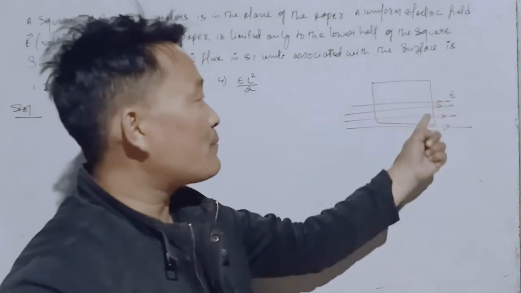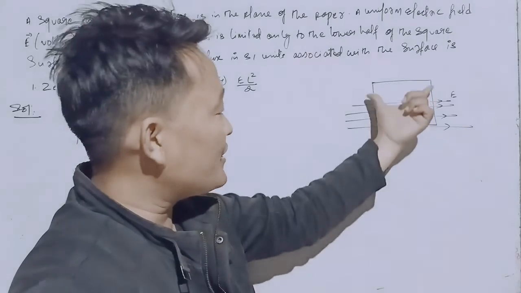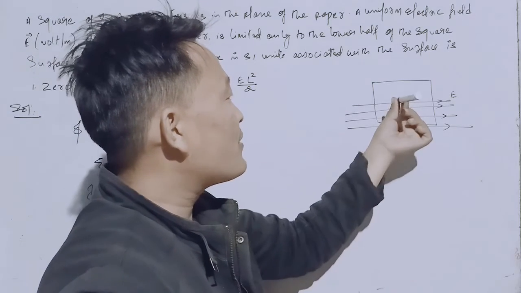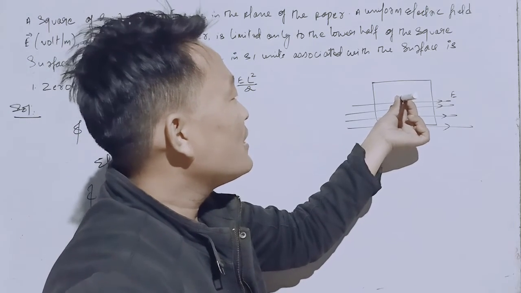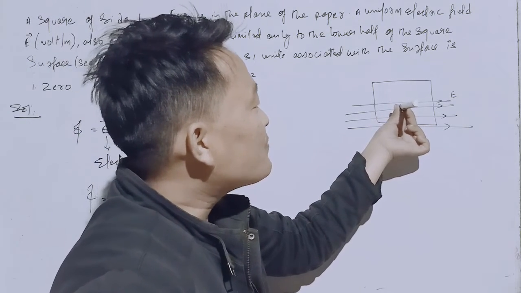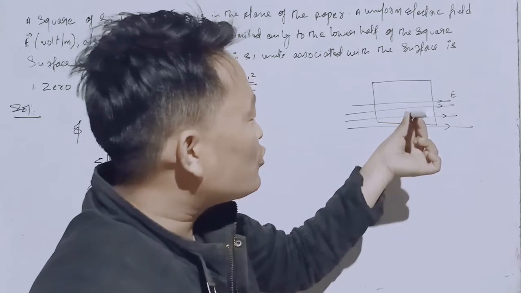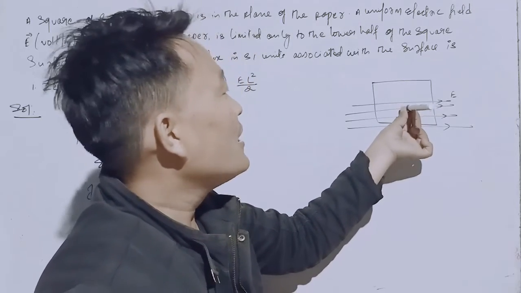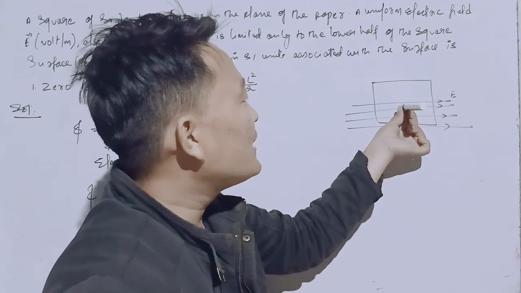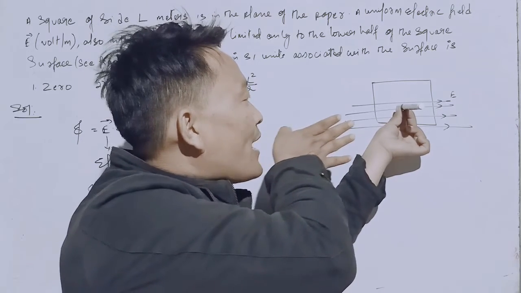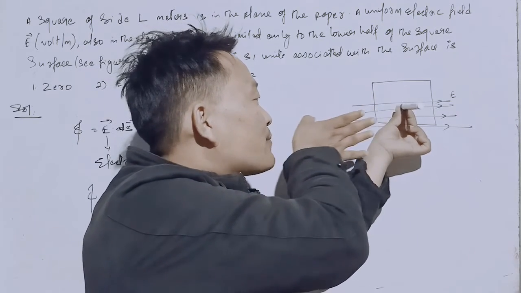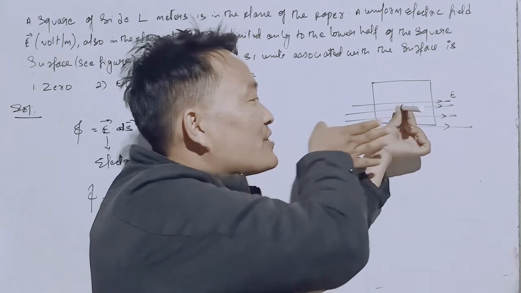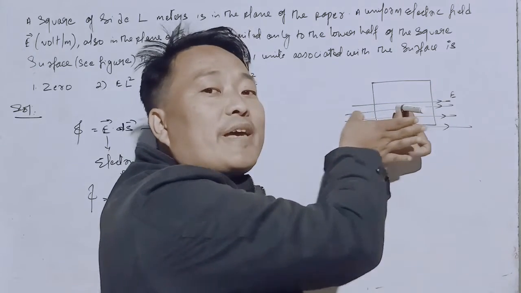See, this square plane is in the plane of the paper, and the area vector is always perpendicular to the plane. So the area vector is outward in this direction, and the field lines pass through in this way. This means the area vector direction and the field are perpendicular to each other.